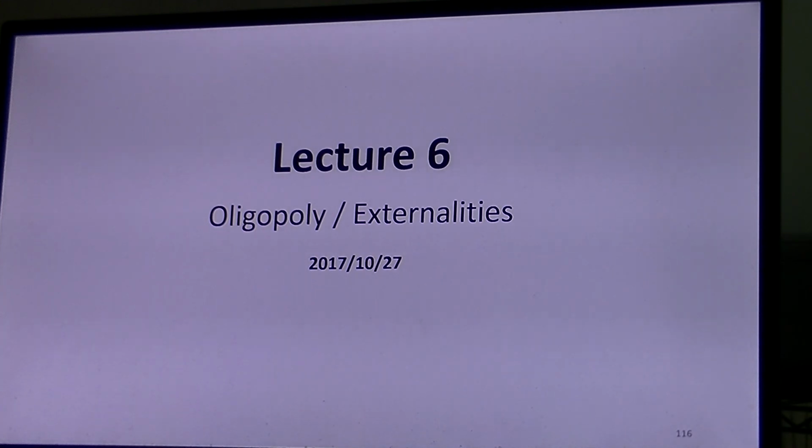We're going to talk today about oligopoly and externalities. At the end of the class last time, I was beginning to introduce models on oligopolies. Just getting started on that, so I decided to stop there.